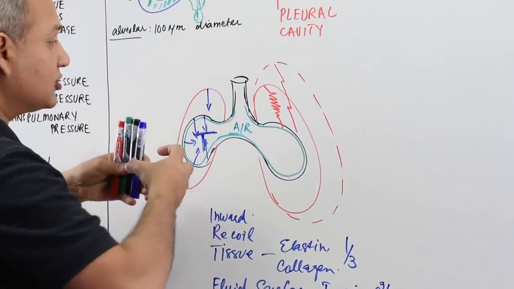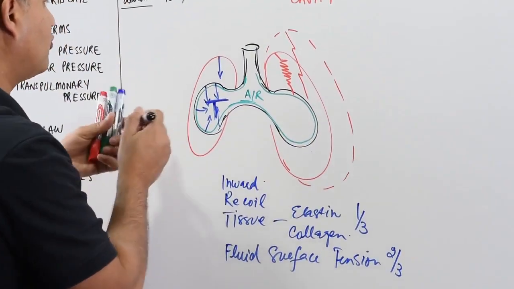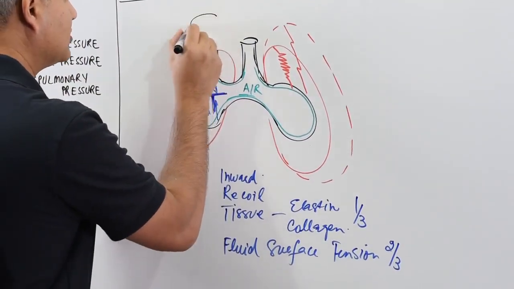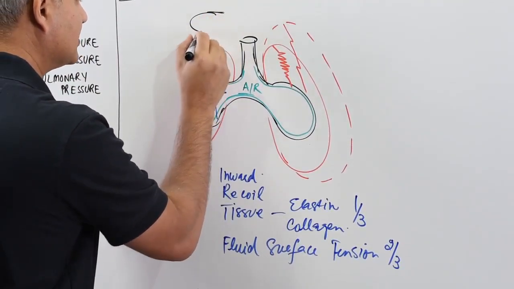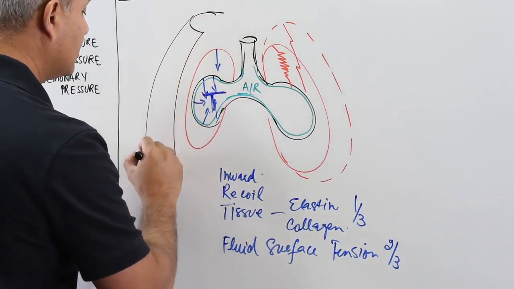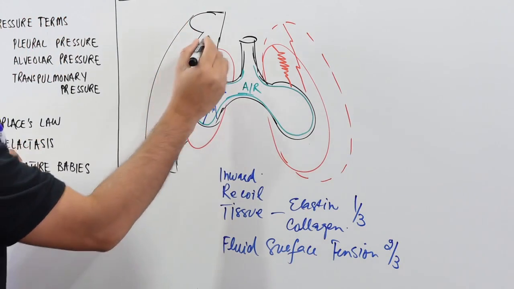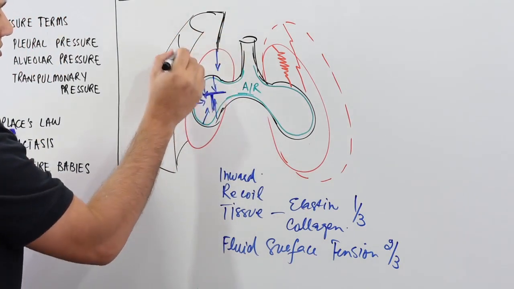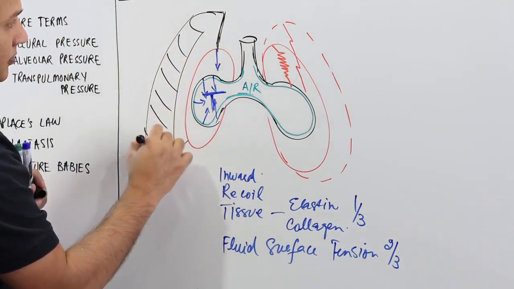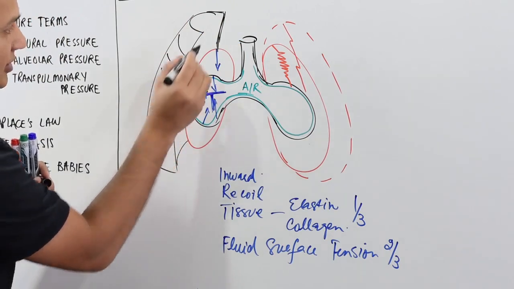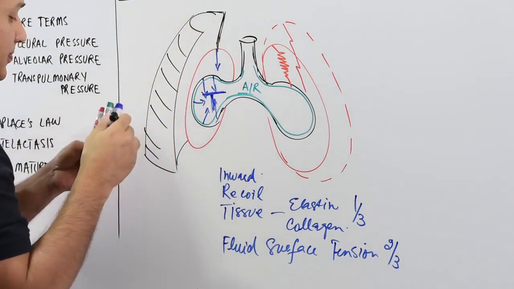Now, what are the forces that are pulling it outwards? Of course we know the rib cage. So if I make the rib cage like this for our study purpose, let's say this represents all the ribs, and the ribs are connected to which pleura?